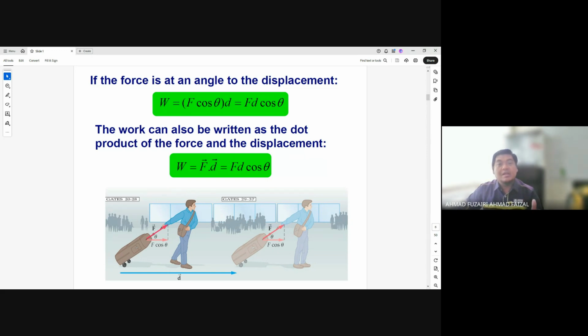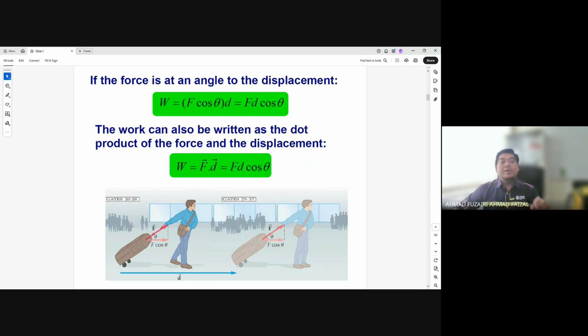So when you look at the figure and the equation, work is F cos theta times D. F cos theta is the component of force that is parallel to the displacement. Why? Because the displacement is in the x-axis, and therefore the component of force here is F cos theta. F sin theta does not follow that rule. In the bracket is F cos theta, and when you rewrite the equation, it becomes F D cos theta.